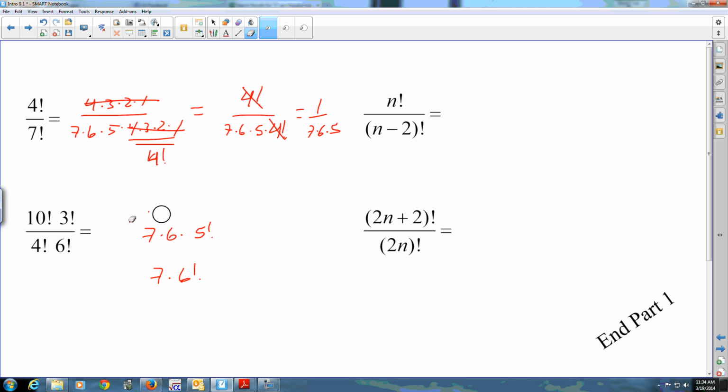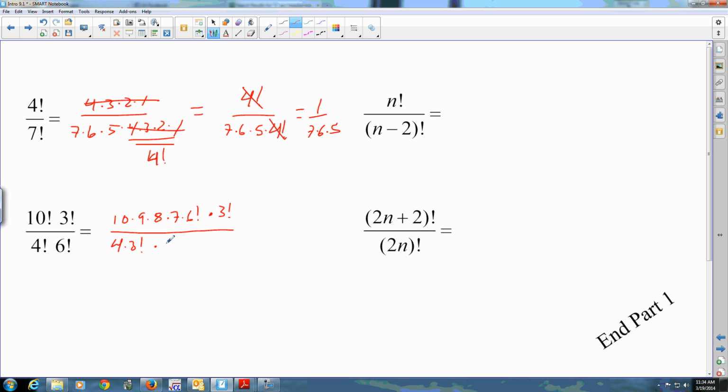Okay? So down here, when you've got these, you're going to try and break these up. 10 factorial is 10 times 9 times 8 times 7 times 6 times 5 times 4 times 3 times 2 times 1, so 6 factorial. The 3 factorial I'm going to leave. 4 factorial is 4 times 3 times 2 times 1, which is 3 factorial.